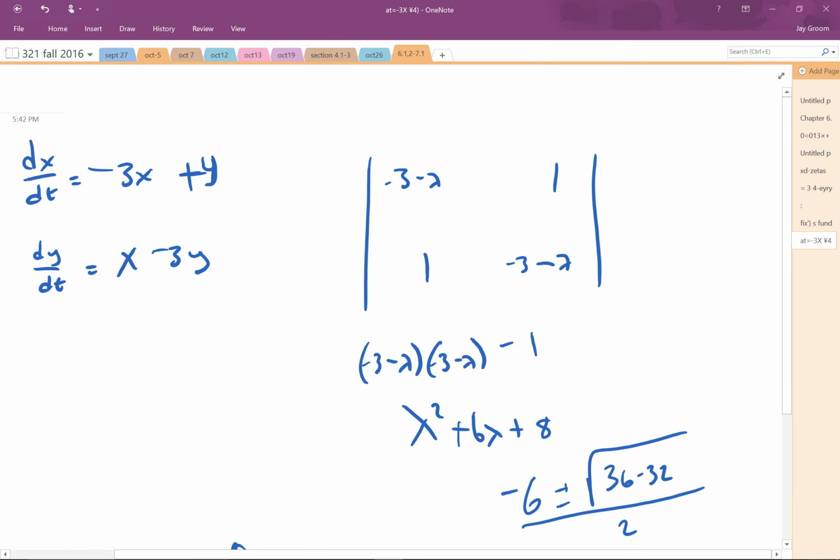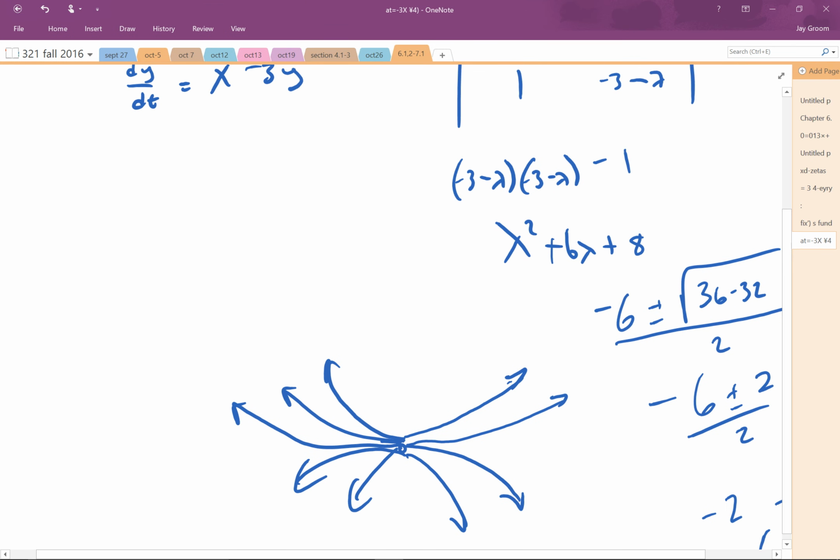Why is that? Because now I have e to the negative 2t's and e to the negative 4t's, which means everything is crashing down to the 0, 0 point. The previous time they were both positive, and they were blowing out from that location.